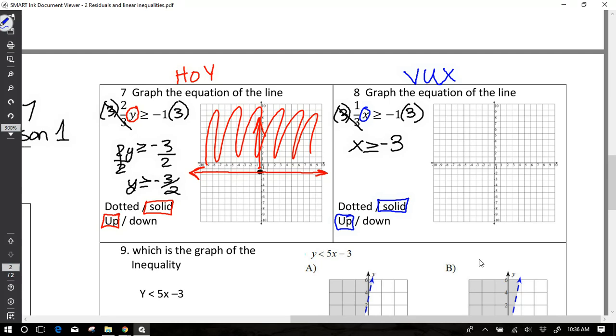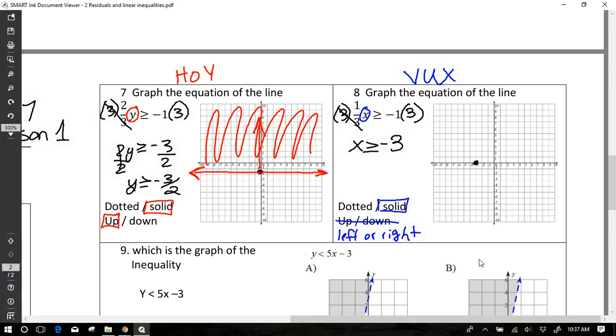Okay, and actually because there is a vertical line, I really can't do up in this situation. So for this one case, it will actually still be left or right. It's the only time that it'll be left or right is if you only have an x variable. So let's go to the x-axis on -3 right here.